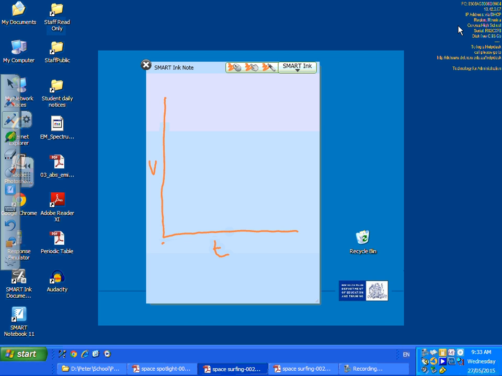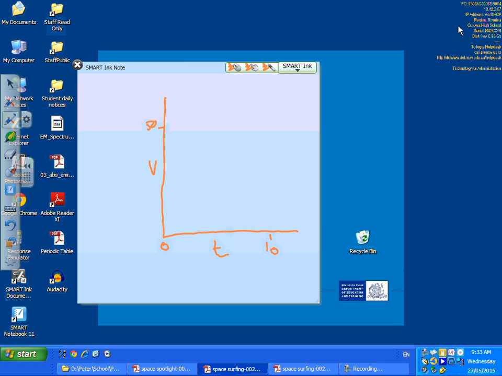It starts off at 0, it goes to 10, and it goes up to 50 newtons. And you have something that does that, 50 meters per second. And they ask you a question which says, you have an 8 kilogram mass, find the force acting on it.